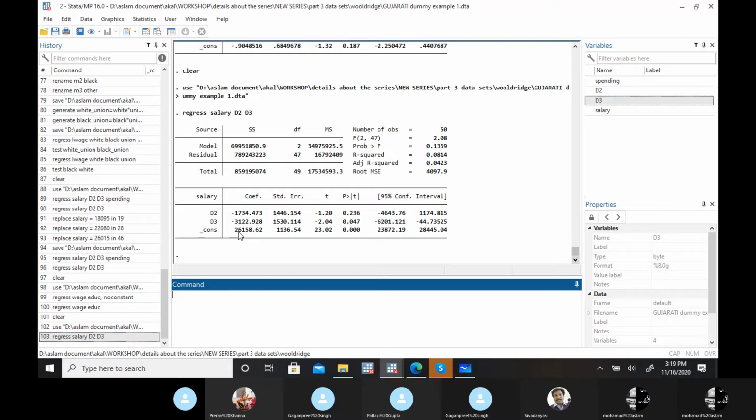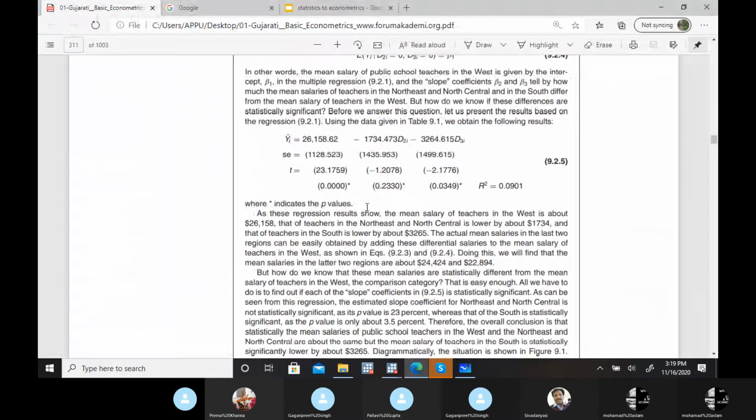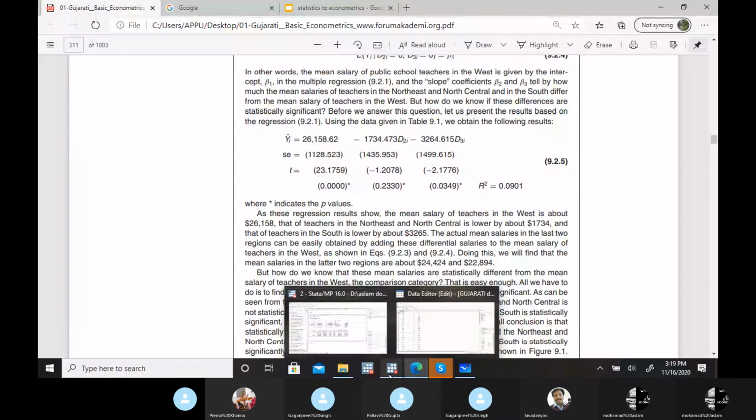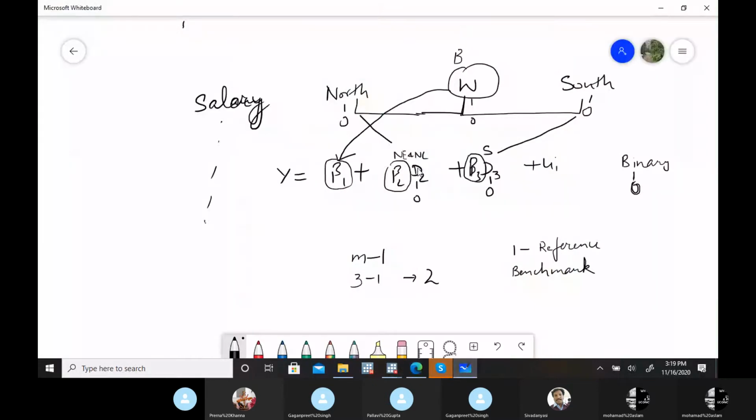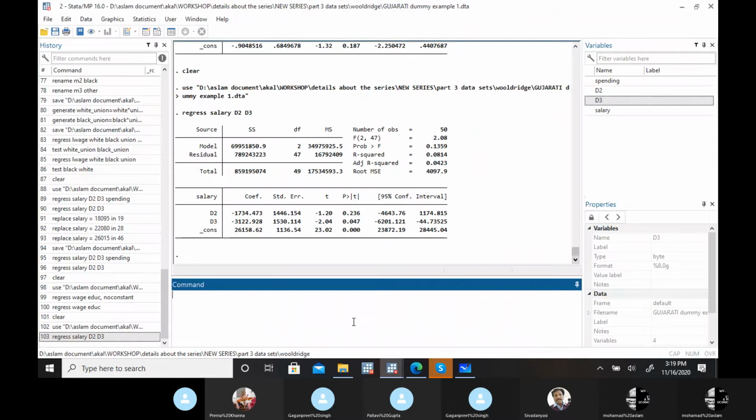Now, in comparison to this benchmark category, see the coefficients of the next two variables. The second was the Northeast and North Central, so its coefficient is beta 2. Let's see the value of this coefficient for D2. It is minus 1734.